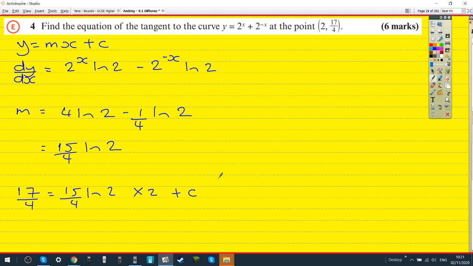Yeah. So if I do 17 over 4 divided by 2, which will be 17 over 8. Mm-hmm. And then do 17 over 8. Is it minus 15 over 4 ln 2? Yep.